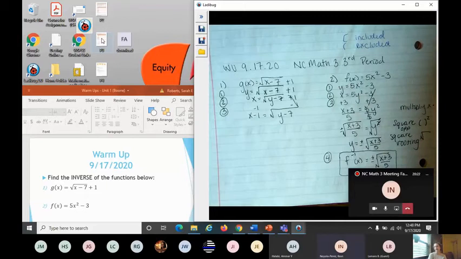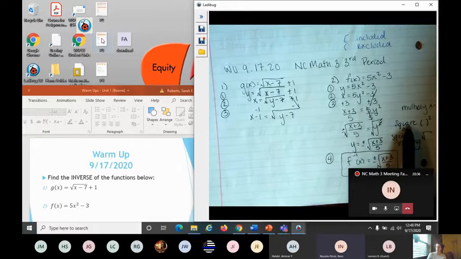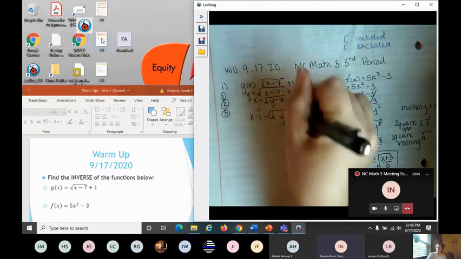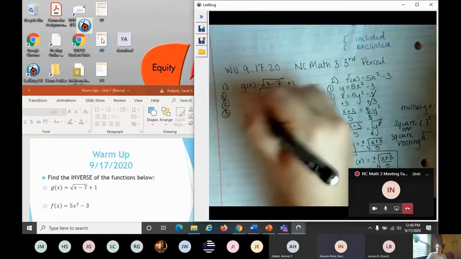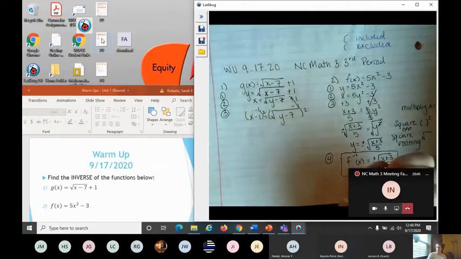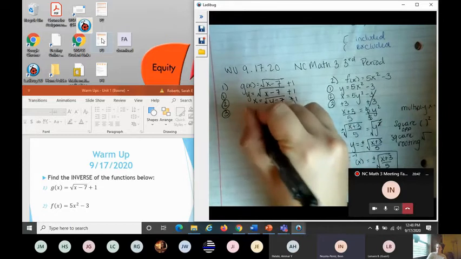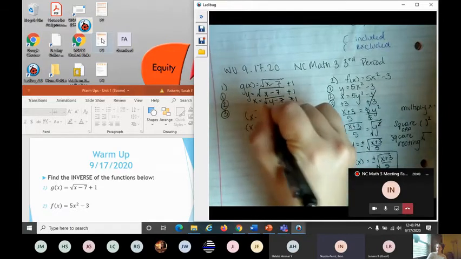And then, Yvonne, how do I get rid of the square root? So the opposite of the square root was square. Yeah, so that's square both sides. So I'm gonna have x minus 1 quantity squared equals y minus 7.